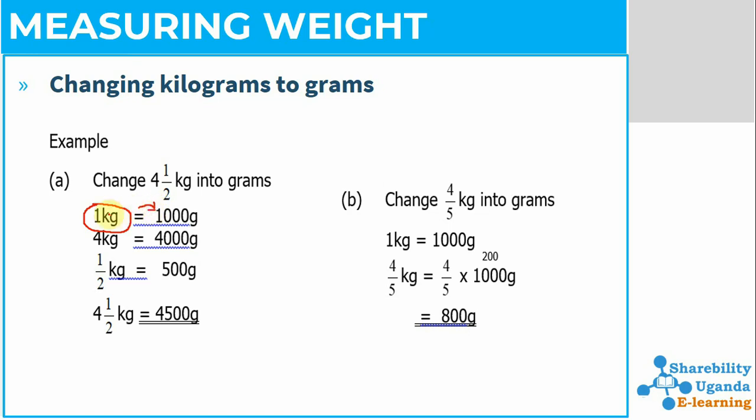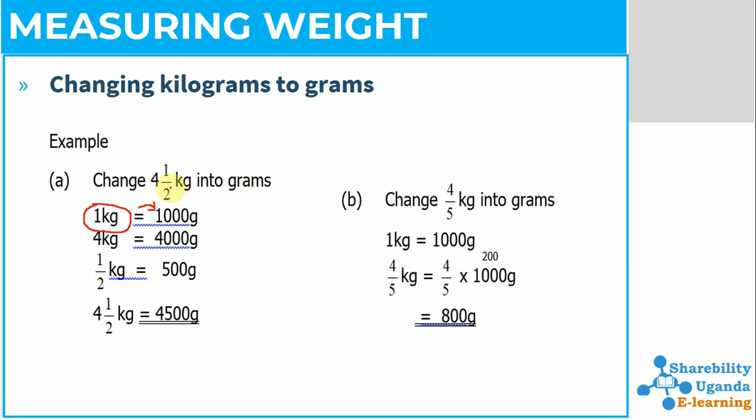When you have a 1 kilogram item or object, you should automatically know that if you want to count it in grams, it is going to be 1,000 grams. So after understanding that 1 kilogram is the same as 1,000 grams, we shall be able to calculate this number, because it is given in kilograms and they want us to change it to grams. How do we do it?